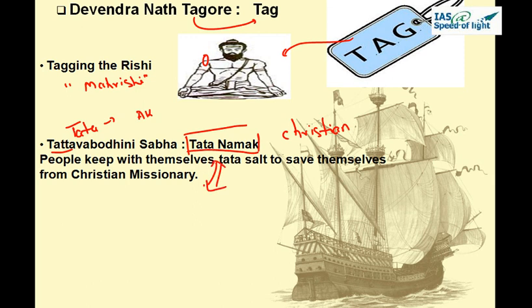So Tata Namak or Tattva Bodhini, we relate first with Akshay Kumar Datta, now with Devendranath Tagore. Tagore becomes tag, and now people are keeping Tata Namak to save themselves from Christian missionaries. So this association was actually started to check the practices of Christian missionaries.